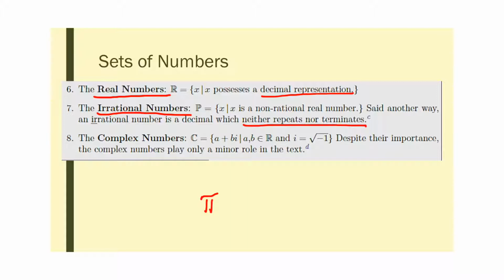And then take, for instance, root 3 or root 7. If you type that into your calculator, you'll see that there's no organized or repetitive pattern to the numbers to the right of the decimal point. Okay, so those are irrational numbers.